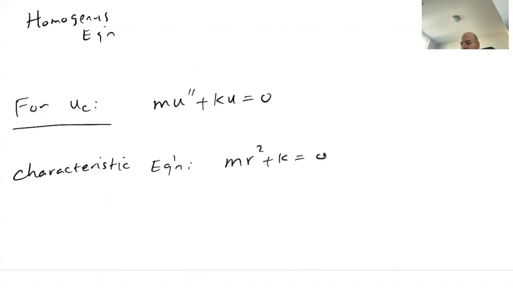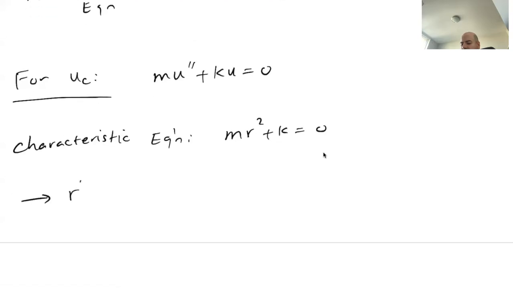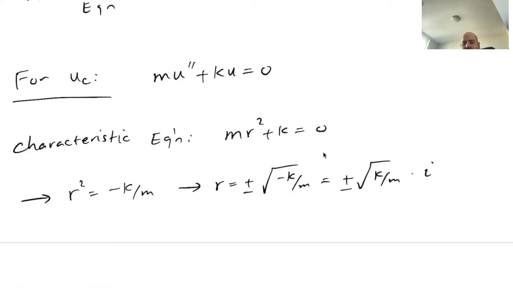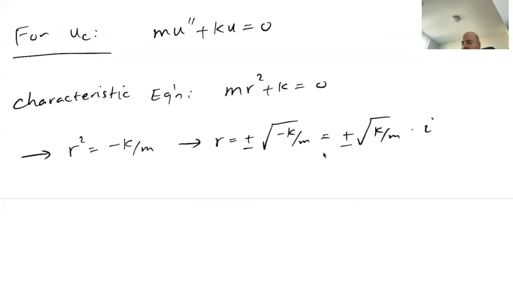So mr squared plus k equals 0. That gives me r squared equals minus k over m. And then r will be plus minus root minus k over m, which is plus minus root k over m times i, the complex number i. And we previously saw that we can call this root k over m omega naught, which is called natural frequency.